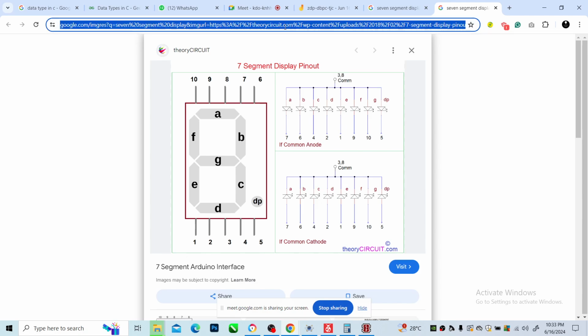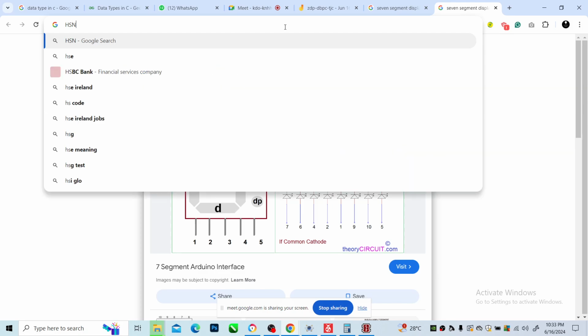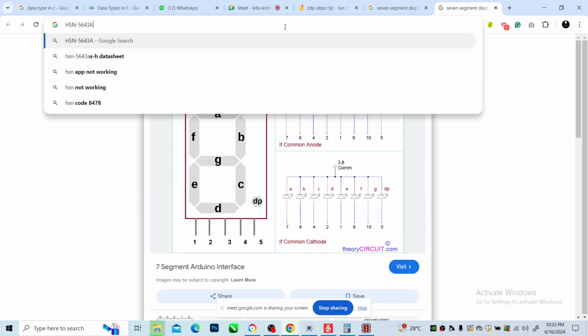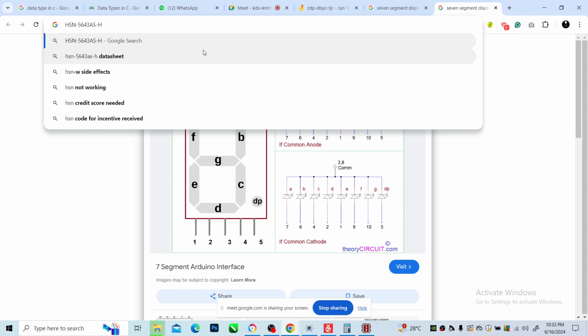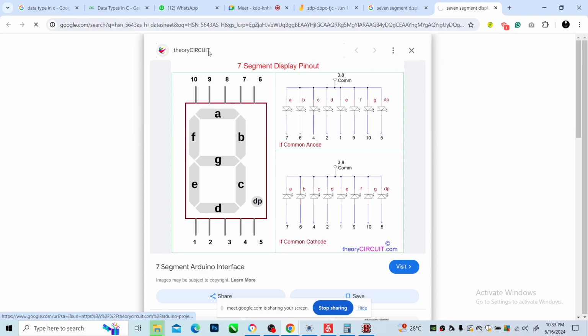I believe this code is supposed to give us the result. The code here is HSN-5643AS-H. You see, you already have it. Let's see what God will bring for us.